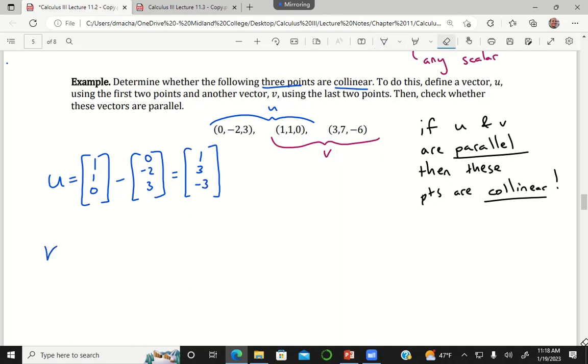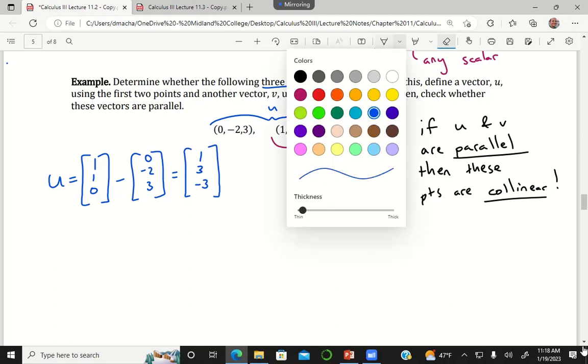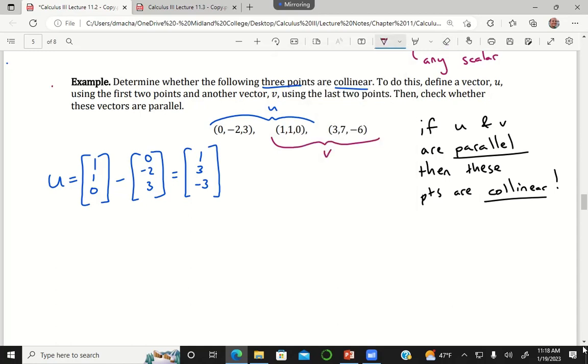So my v vector, I'm going to find the same way, just using the last 2 points. And so I would write (3, 7, -6) minus (1, 1, 0). And 3 minus 1 is 2. 7 minus 1 is 6. And negative 6 minus 0 is negative 6. Okay.